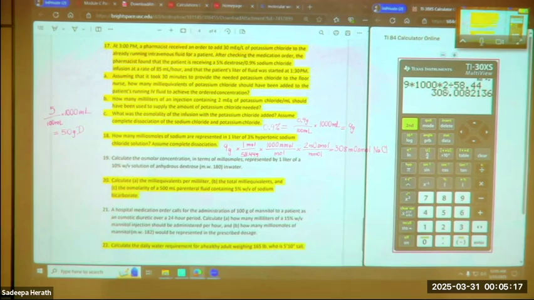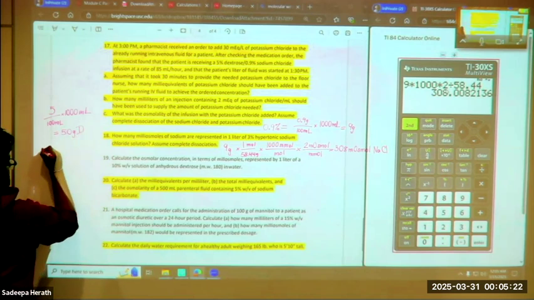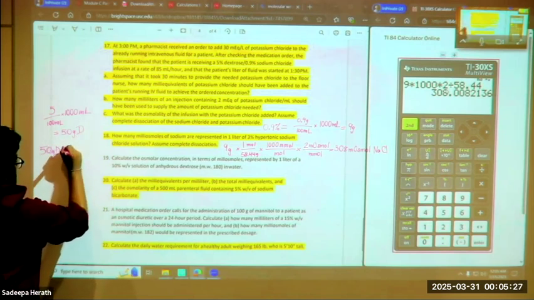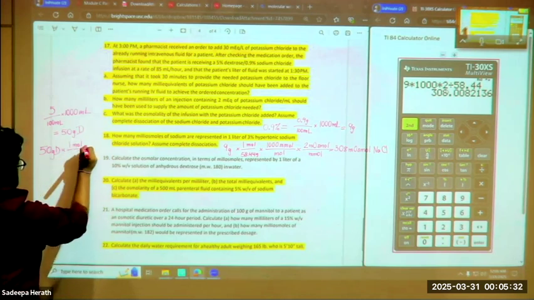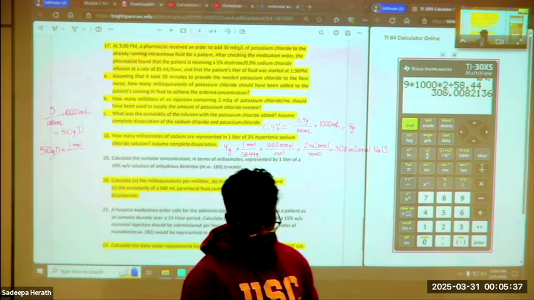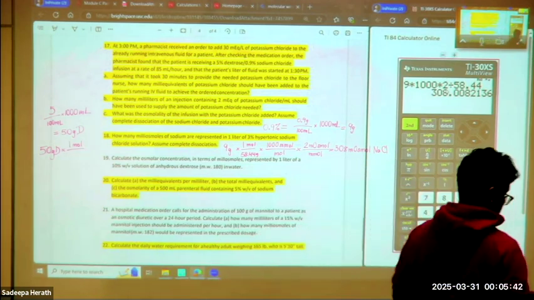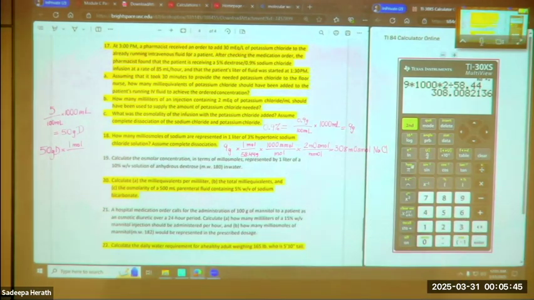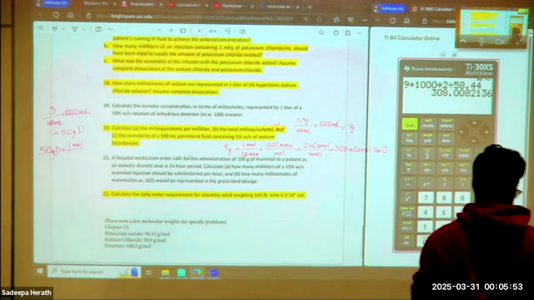Okay, 50 grams of dextrose times 1 mole. I probably need to find out the molecular weight of dextrose. So let's do that. I think I might have actually provided it for us here. Oh, it is. There you go. We had the other one there too. So 180.2.